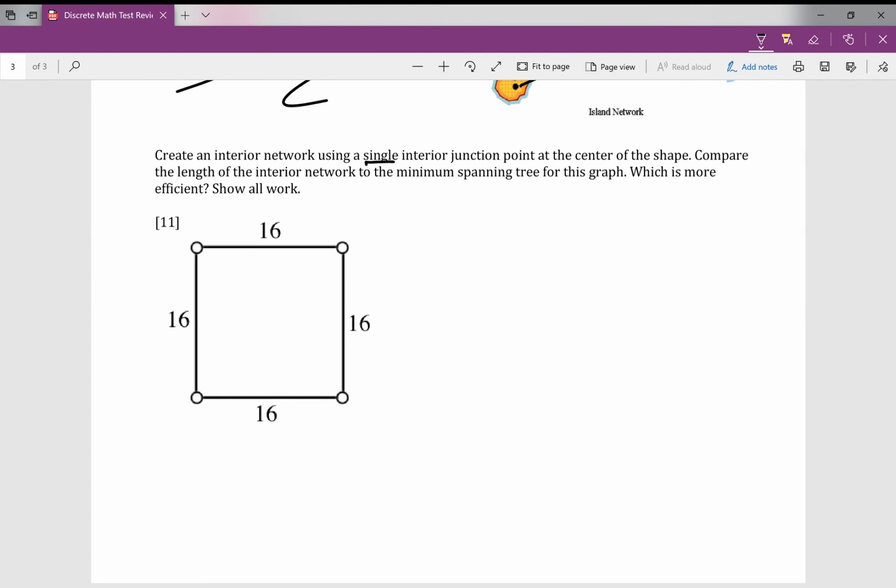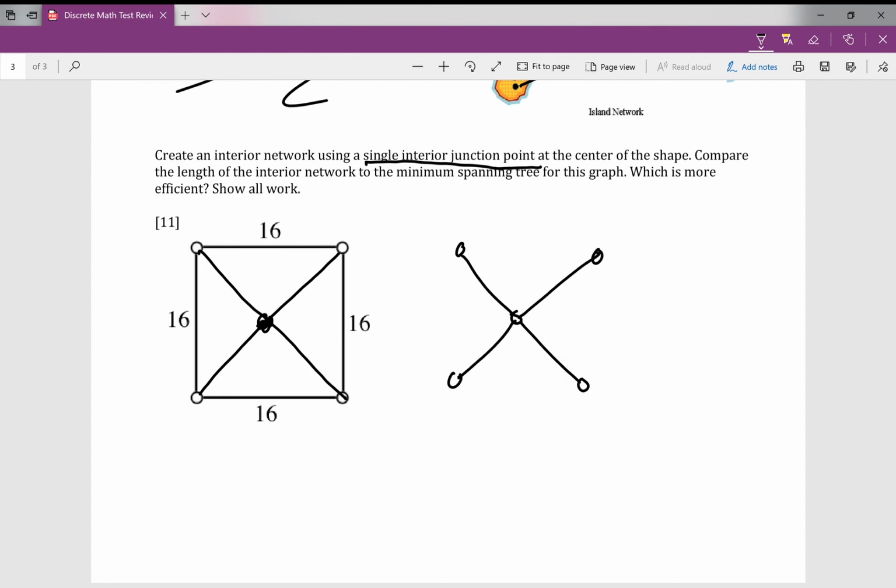So we're using a single interior junction point, and we're showing this at the center. So we would use the Pythagorean Theorem to find that hypotenuse.